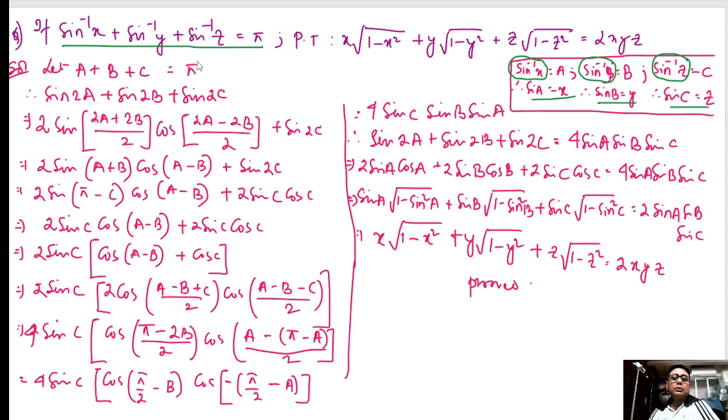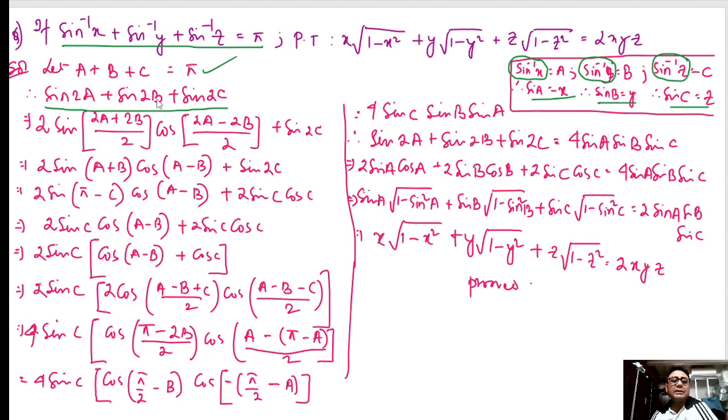From this we see that a plus b plus c is pi. So x can be treated as sin A, y as sin B, z as sin C. Now please watch this conversion.